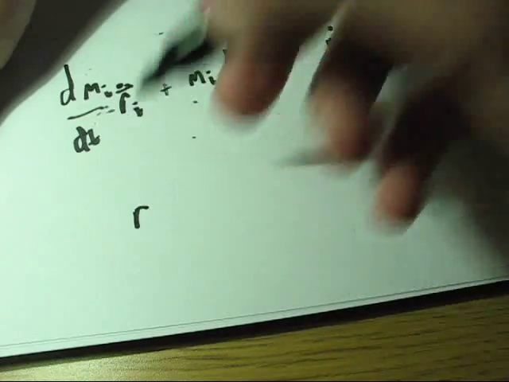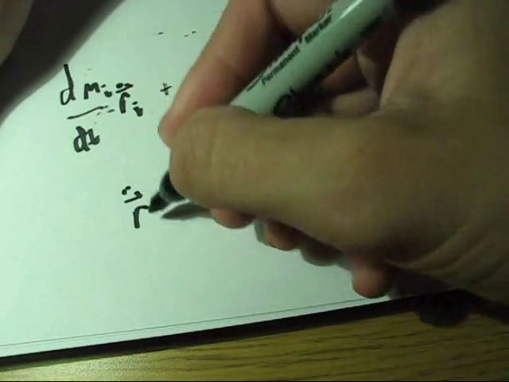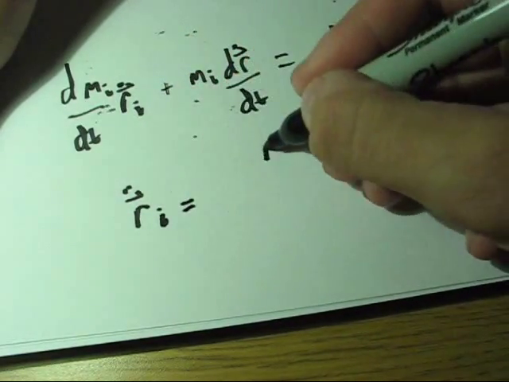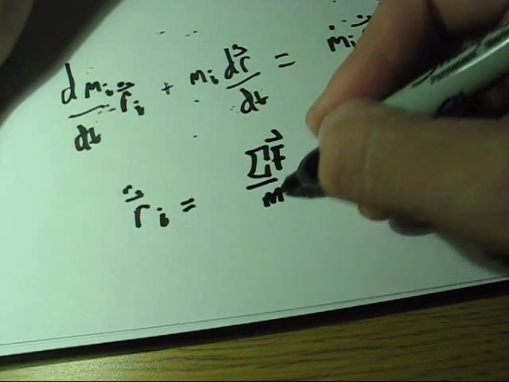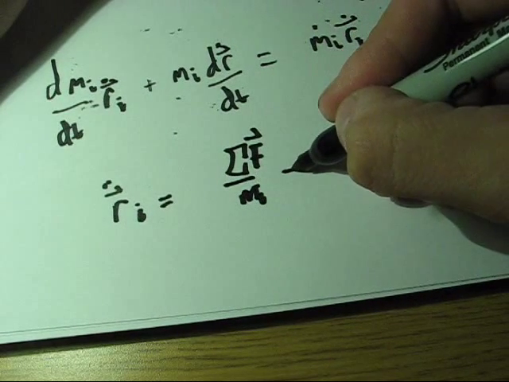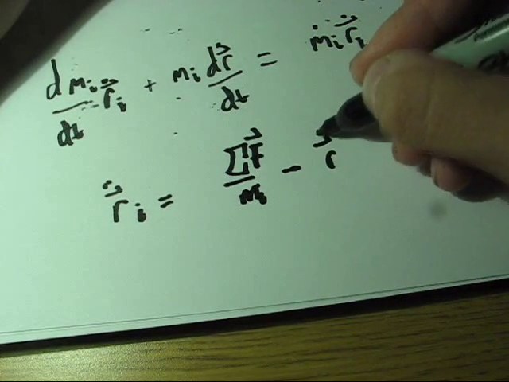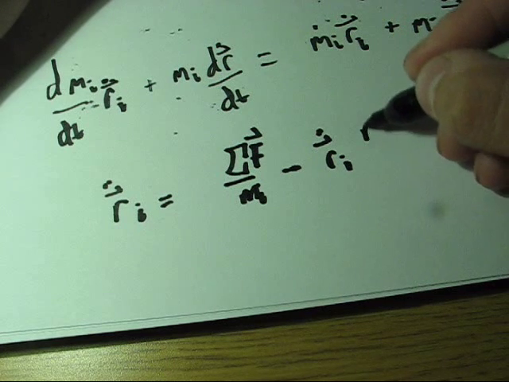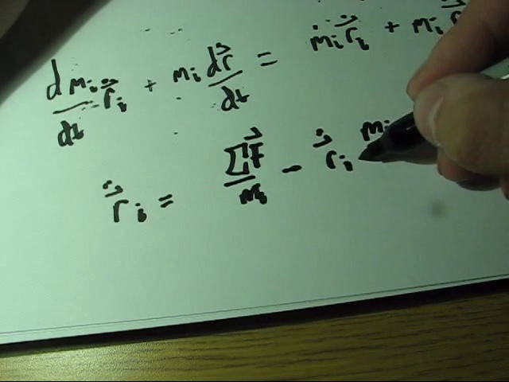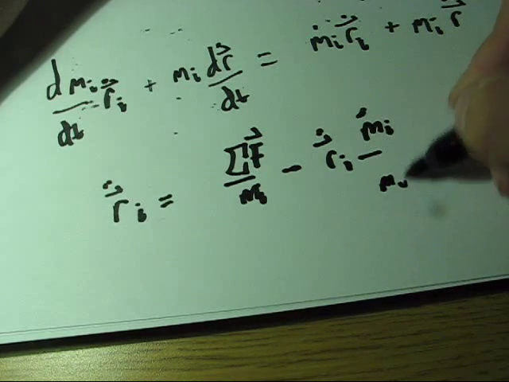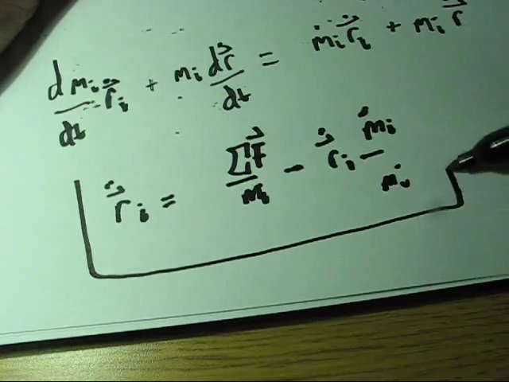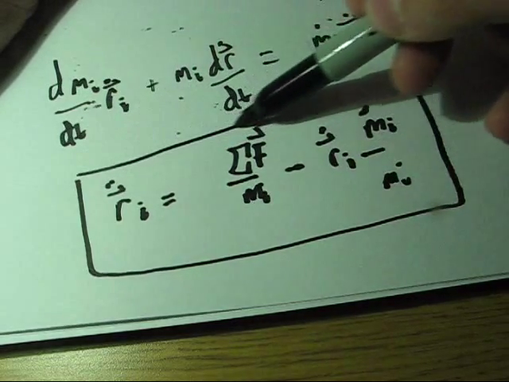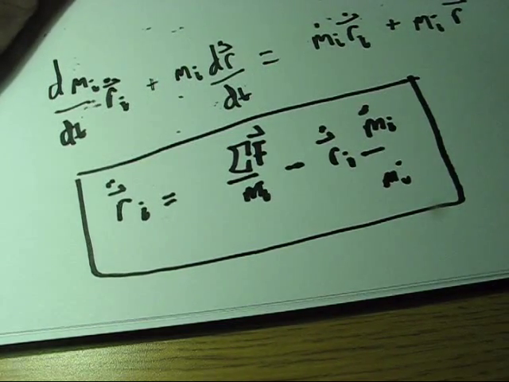I say the dumbest things on camera. r double dot i is equal to the sum of the forces over m, that's just Newton's law, minus r dot i times mi dot over mi. Equation of motion.